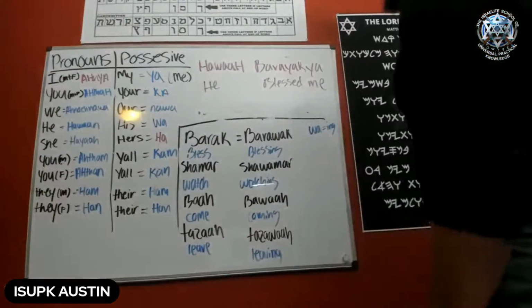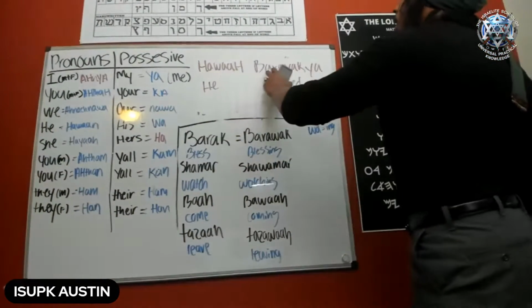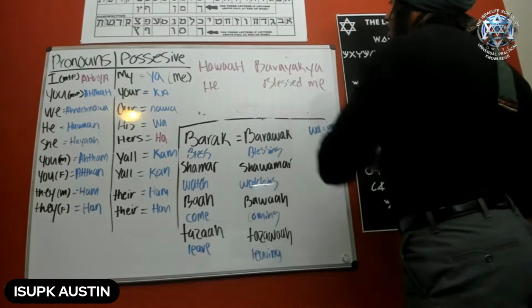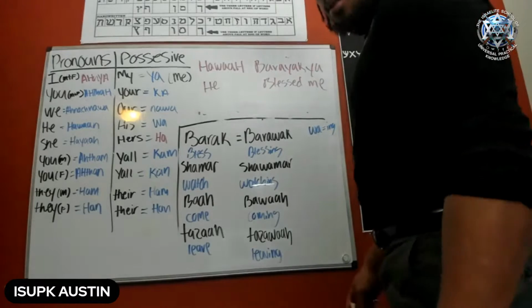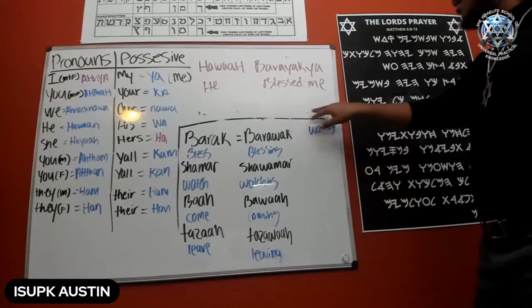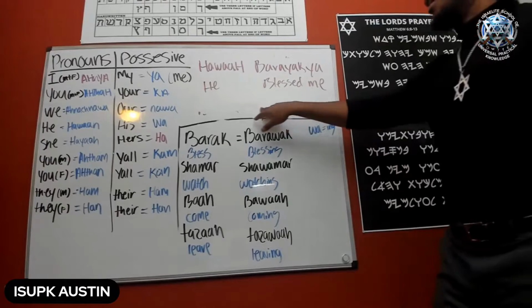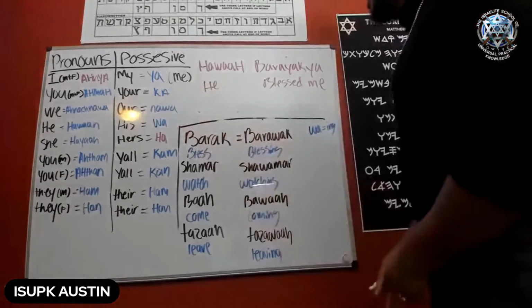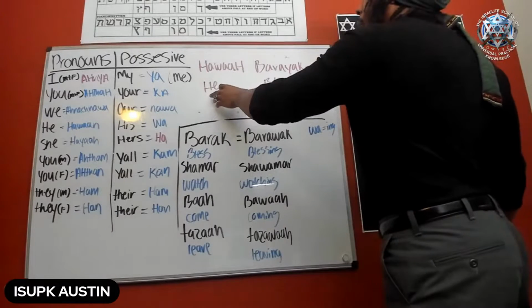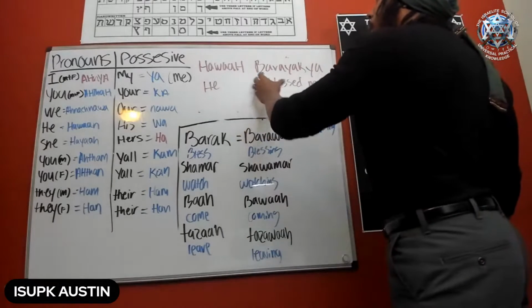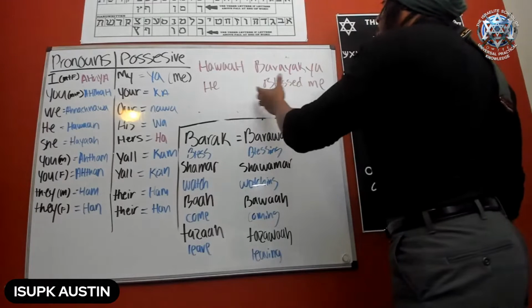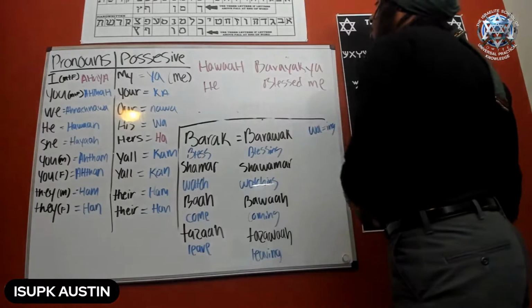So we have Hawa'a Barayakia. When you're saying these, it should be fluent. I don't say bawa ya yakya like that.